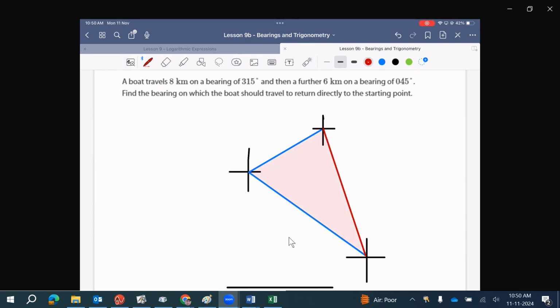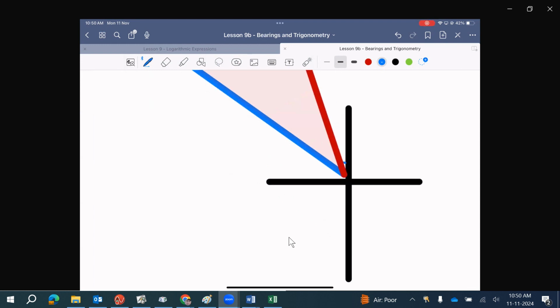So our first one up is here. We have a rotation around here like this. This rotation is 315. How large is this angle here?